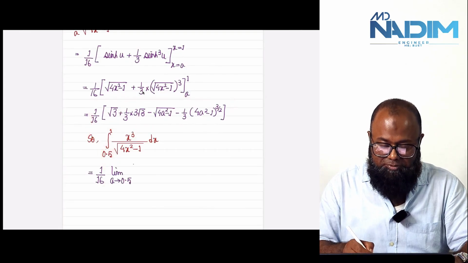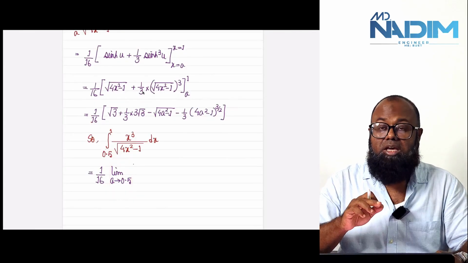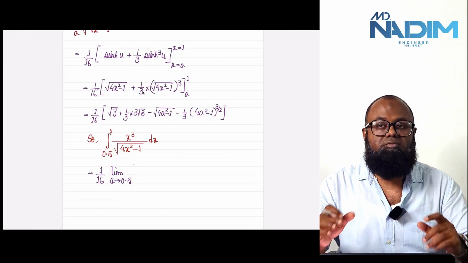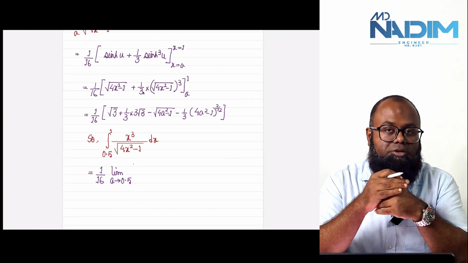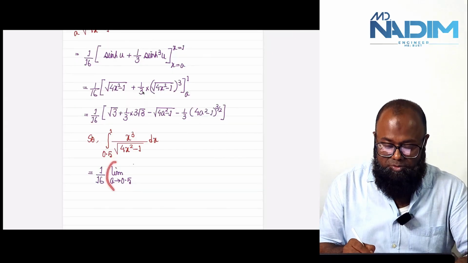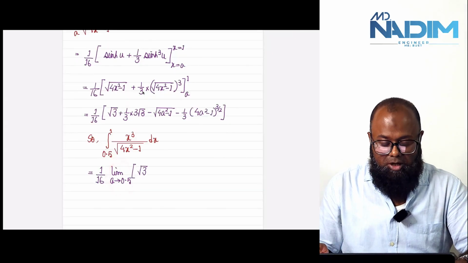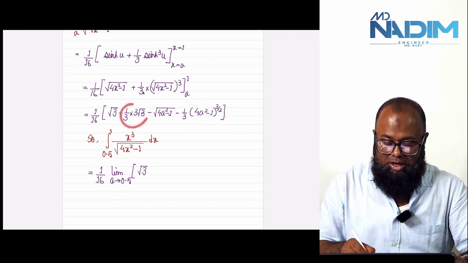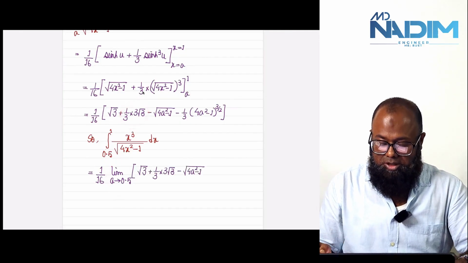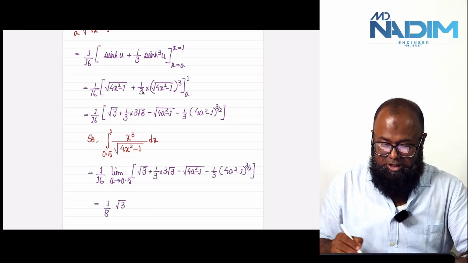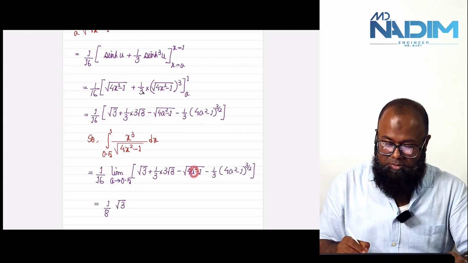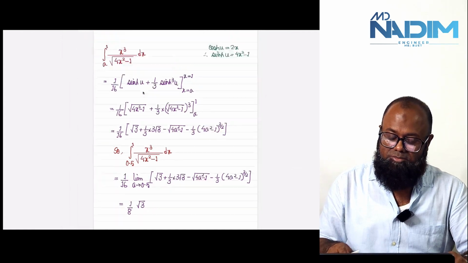And we have to write like this because a is not exactly 0.5, but a approaches 0.5, very, very close to 0.5. So you have to write it in this manner. Now this is root 3 and this is root 3, then this one, and now you just put a tends to 0.5. And then if you replace a with 0.5, you will get this value.